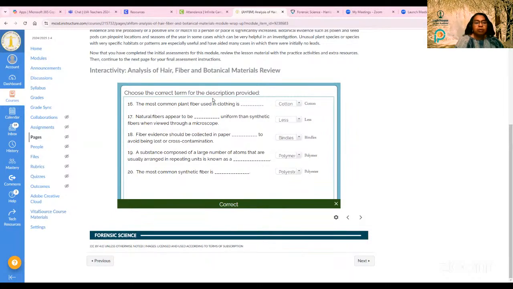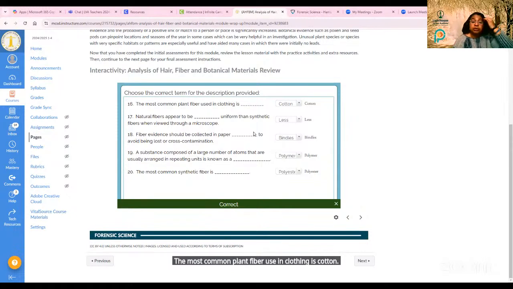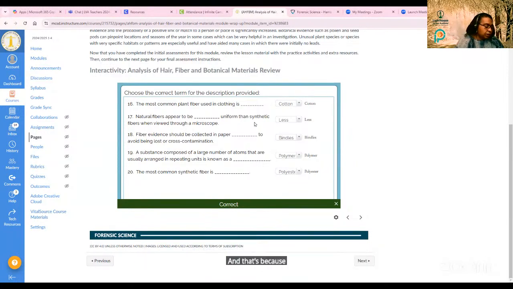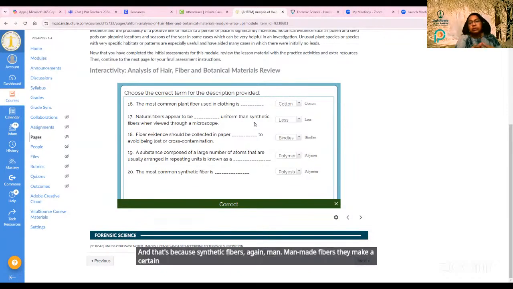The most common plant fiber used in clothing is cotton. Natural fibers appear to be less uniform than synthetic fibers. And that's because synthetic fibers are man-made fibers, they make a certain pattern for them, whereas natural fibers just tend to be natural.